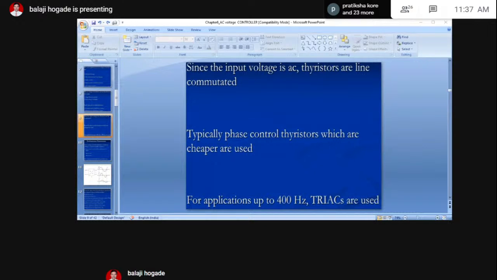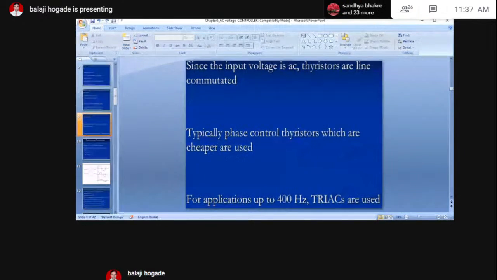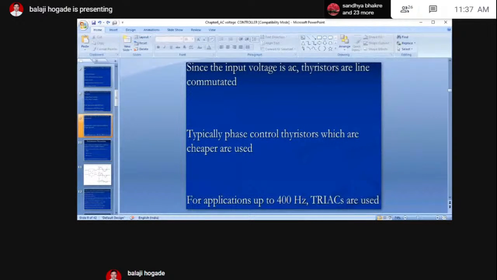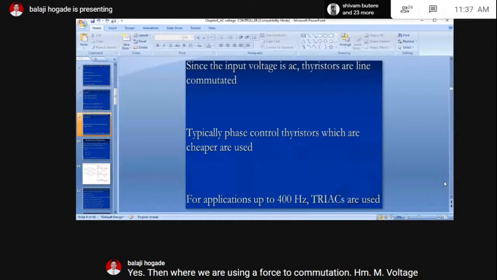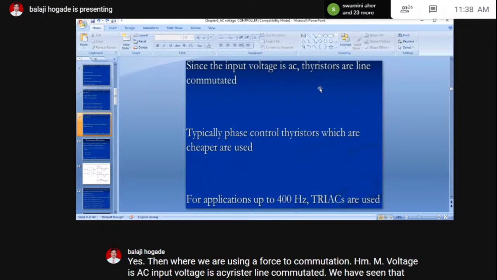Then where are we using forced commutation? Input voltage is AC. Thyristors are line commutated. We have seen that there are two types of commutation, natural and forced.